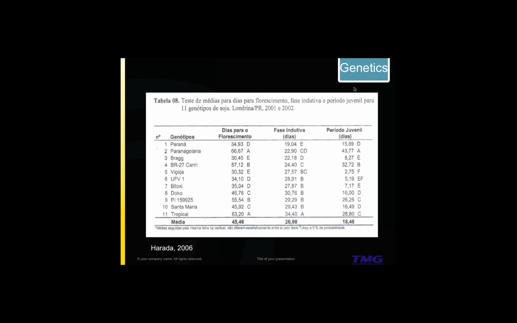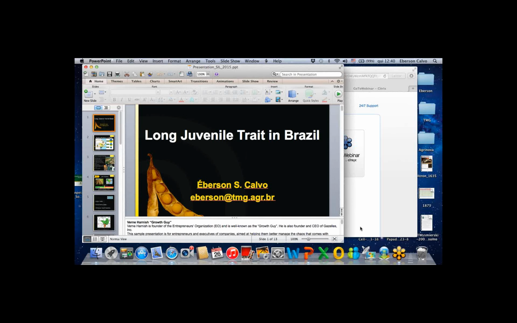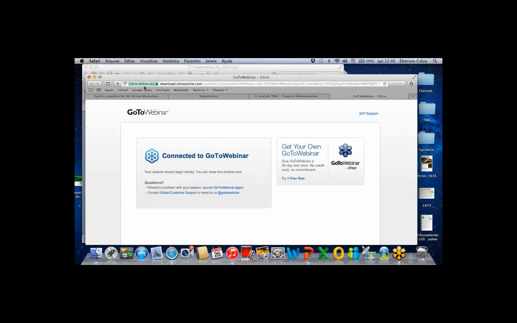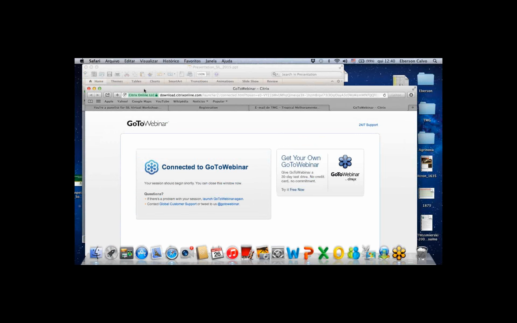Not just later maturity, but the actual long juvenile trait that shows up in those 12-hour photoperiods. What percent would you estimate of the materials grown in Brazil have that now? Because I'm a little confused between the very late maturities and the use of the long juvenile trait.